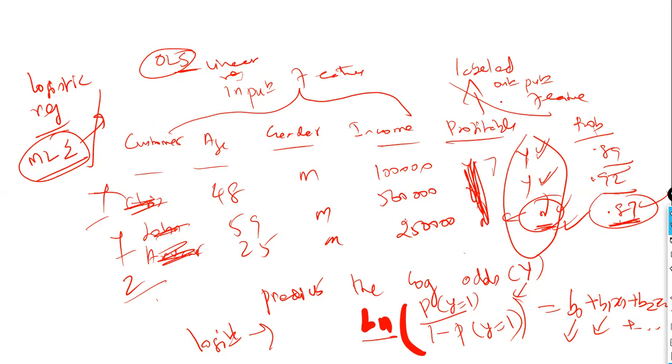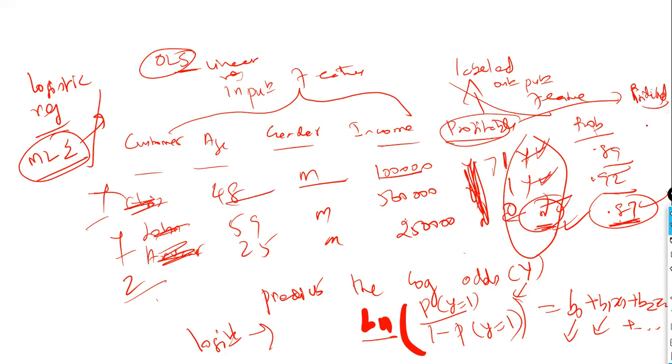For example, profitable, we say 1. Instead of saying yes or no, we use 1 in practice. 1 means yes, true. 0 means false. So this is my actual value. Then what did my model predict for this customer's age, gender, and income? What is my model's predicted class level?